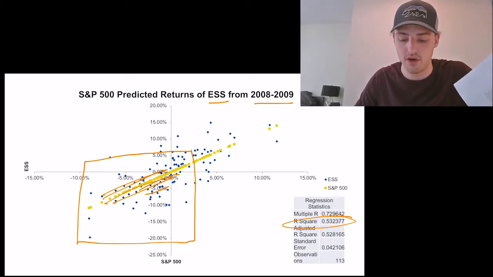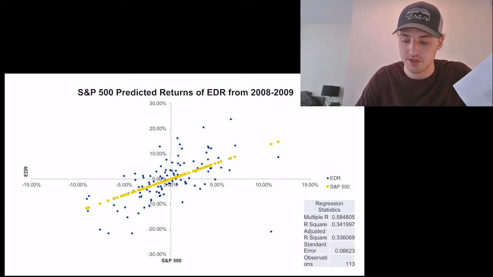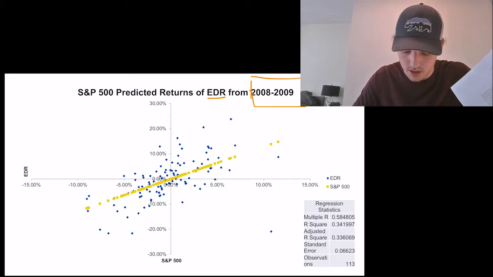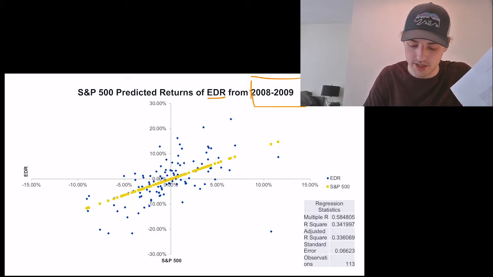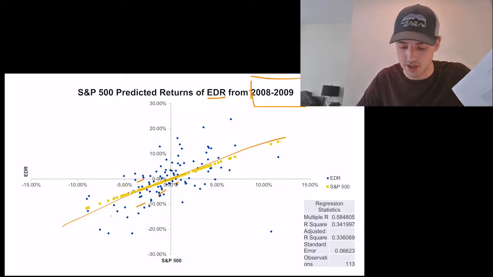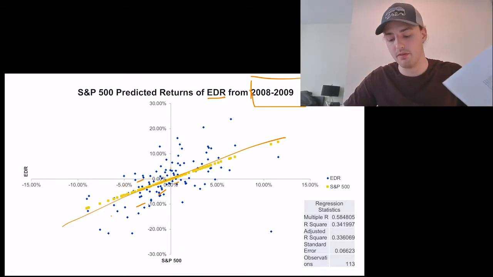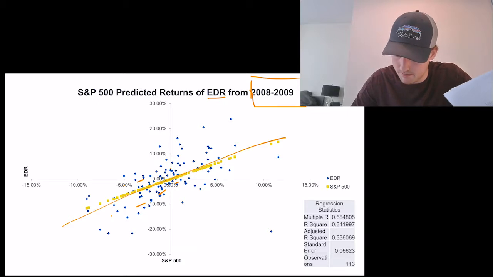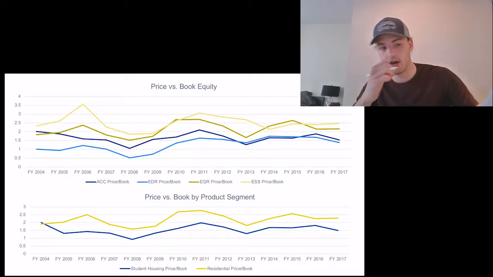and shows how the two really co-moved during the downward fall. And once again, now moving into the EDR, which is the educational company during that free fall period. Once again, more significant clustering here, closer to the regression's predicted returns based on S&P movements. And okay, so moving on.